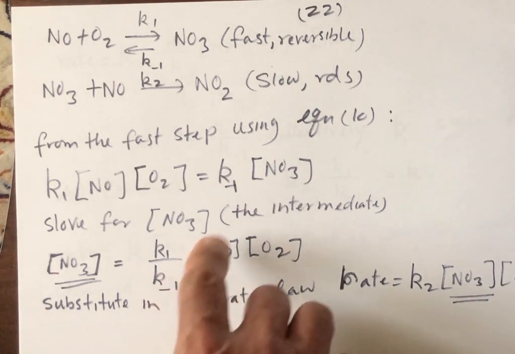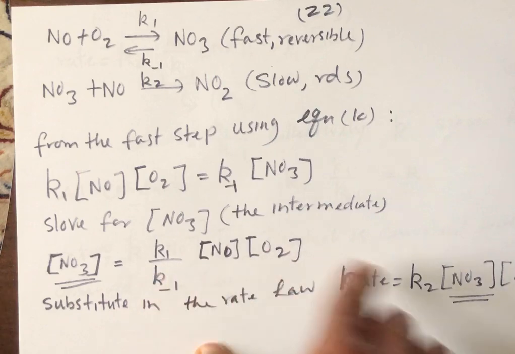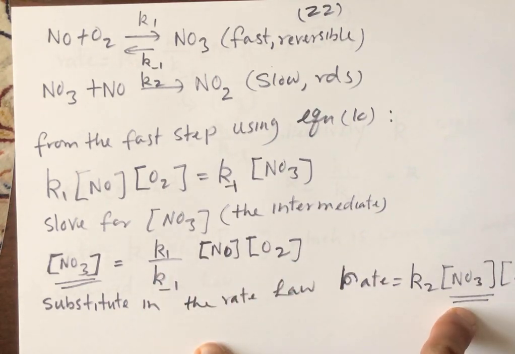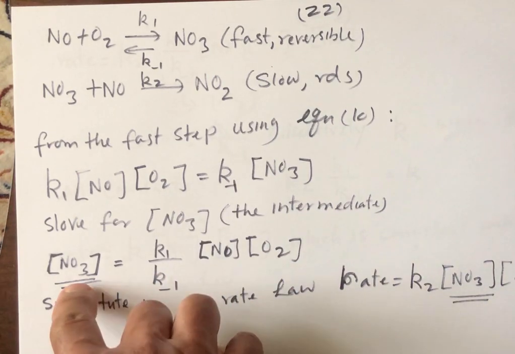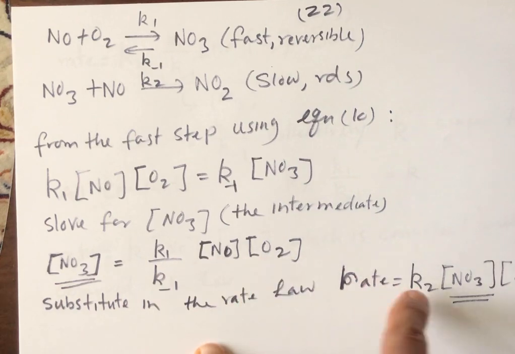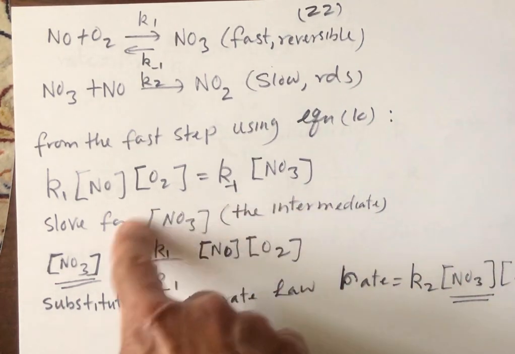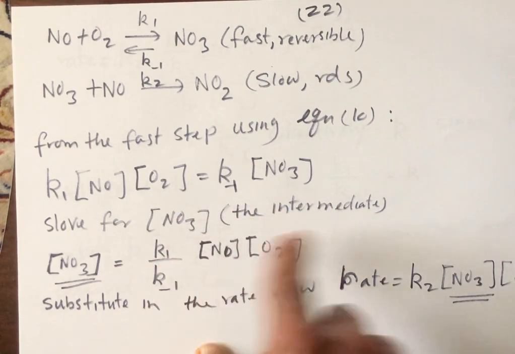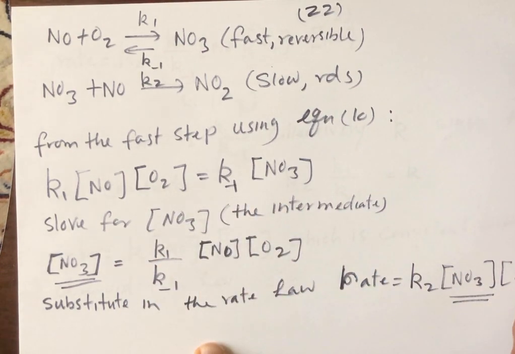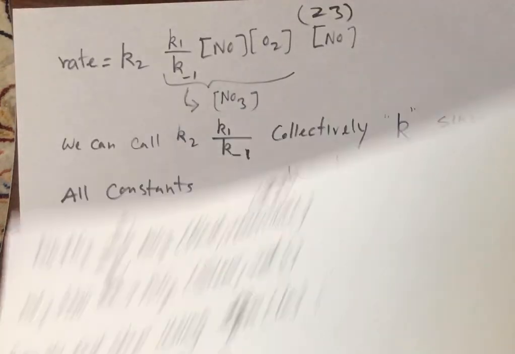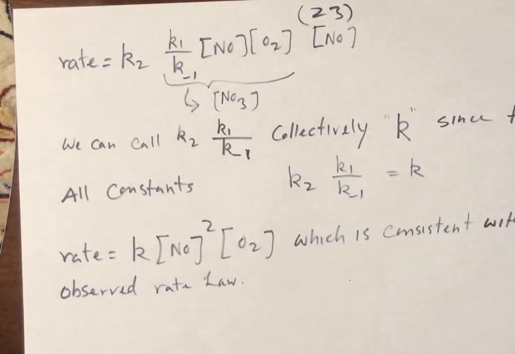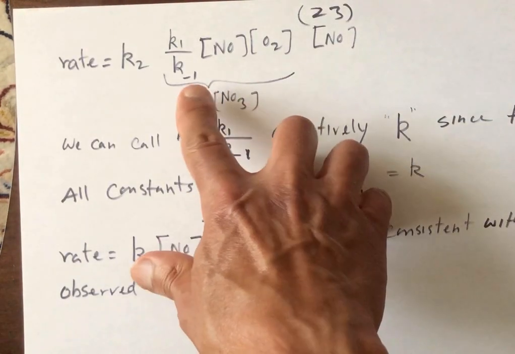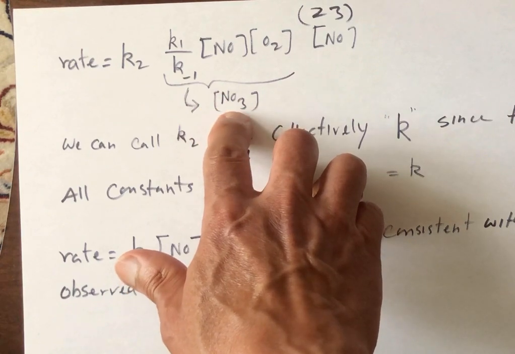So now I'm going to place this for NO3 here. Remember, NO3 is equal to this. Instead of writing NO3 here, I'm just going to use this whole expression and place it here. So in the next page, you'll see that this entire thing is the NO3 that we solved.